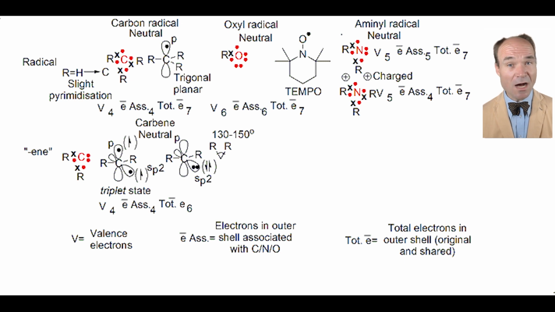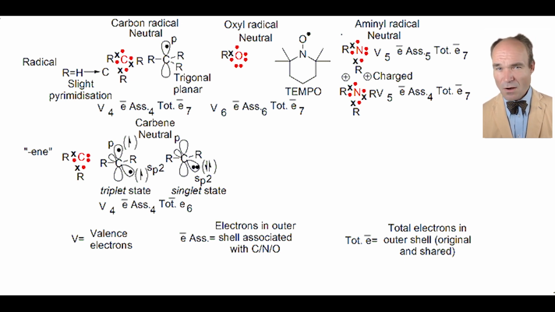Here, there are no unpaired electrons, thus a multiplicity of 0 plus 1 equals 1, so a singlet state. There is a small energy difference between the 2 states of 32 to 42 kilojoules per mole for methylene, where the R is H.